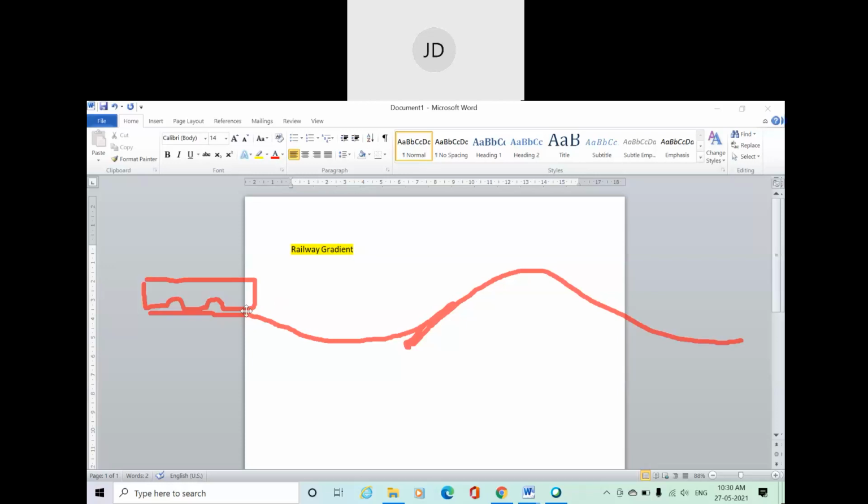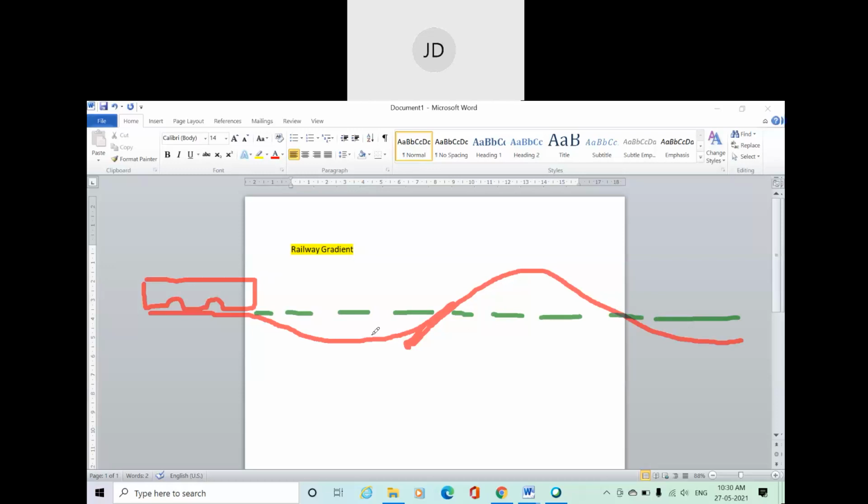Based on the previous class, you already know what the ideal alignment is. A straight alignment is considered an ideal alignment. That means your perfect alignment should go like this, a railway track in a straight path.